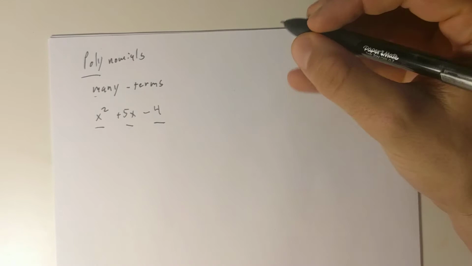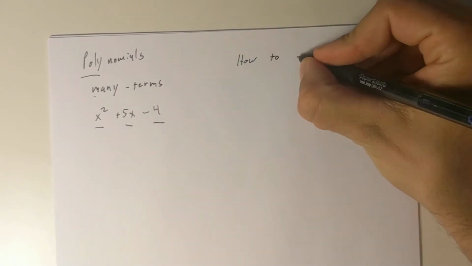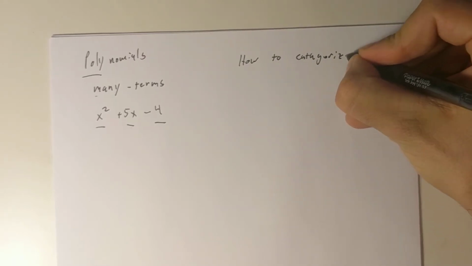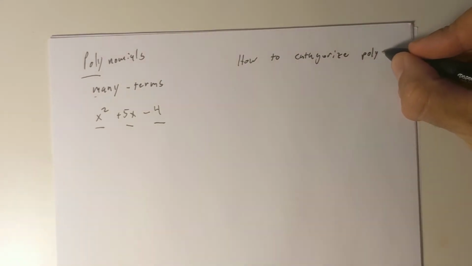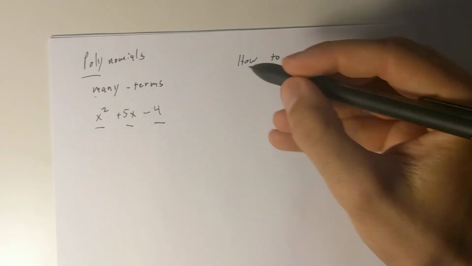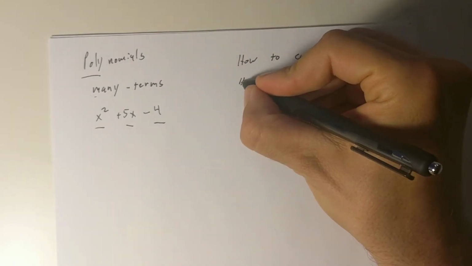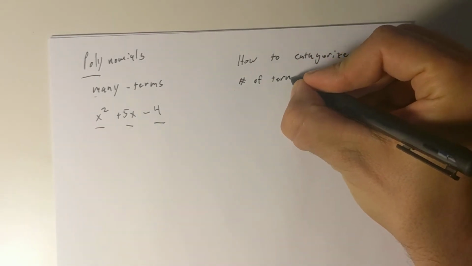So we'll say this: how to categorize polynomials? The first way is through the number of terms.